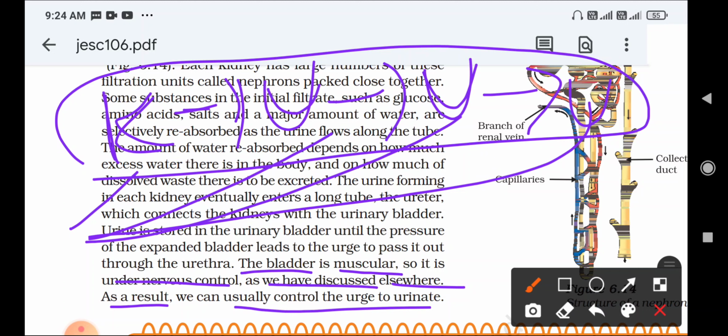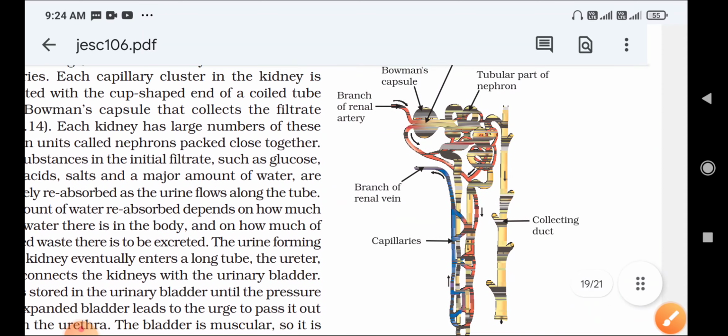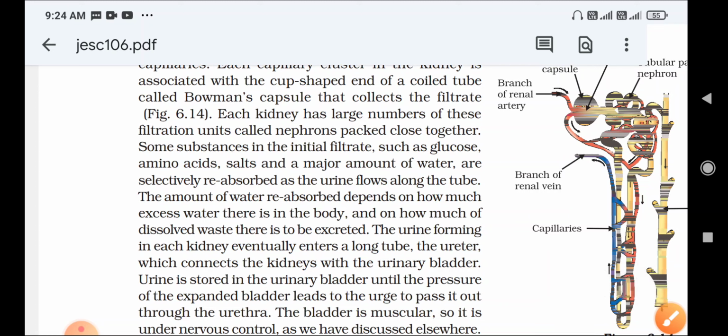Okay, so this is the function and structure of the nephron, how urine is formed, which acid is contained in urine, what the Bowman capsule is, and what excretion is. These are all important points you have to remember.